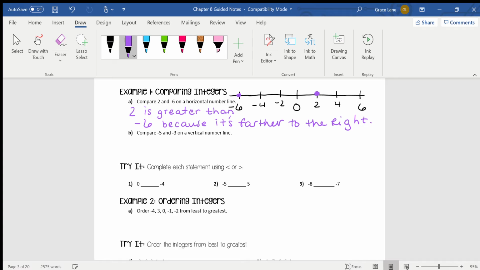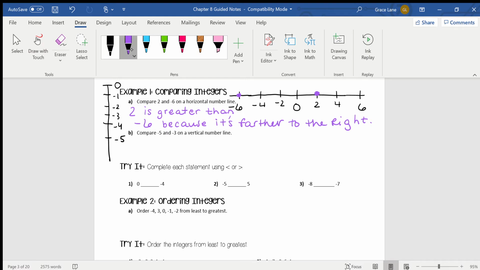And so if you think about negative 5 and negative 3, this one says to make it on a vertical number line, which I am kind of running out of room. But let's put 0 at the top and you count down. So this would be negative 1, negative 2, negative 3, negative 4, negative 5.